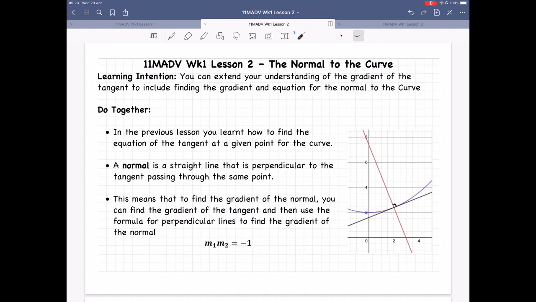So this means that to find the gradient of the normal, what we can do is find the gradient of the tangent, and then use our formula for perpendicular lines to find the gradient of the normal. Because when we multiply the gradient of the tangent and the gradient of the normal together, the product will be -1.